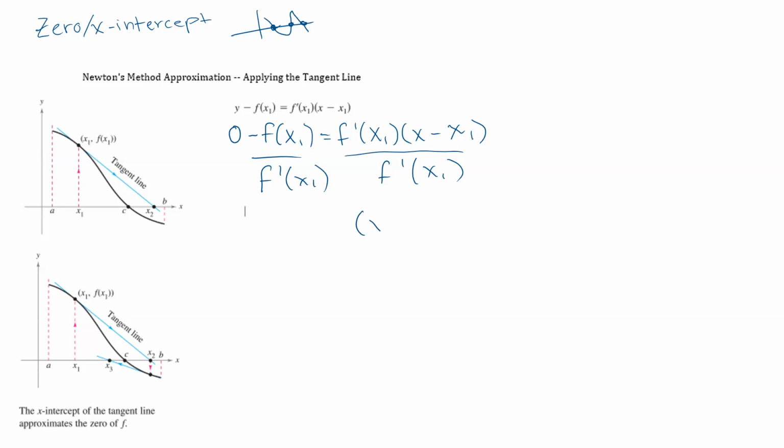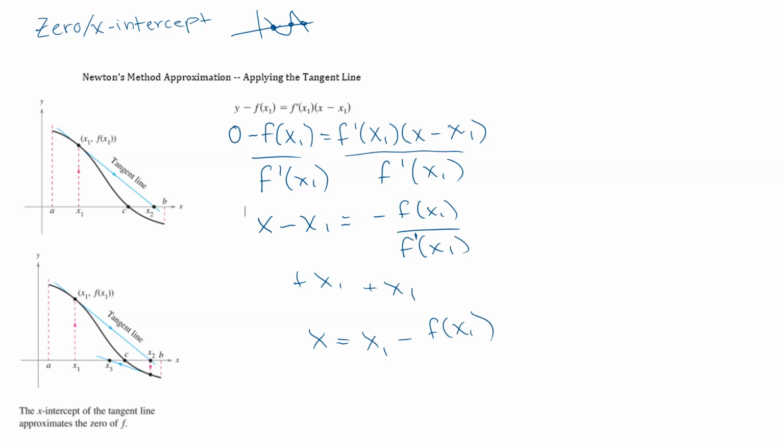So then I've got x minus x1 equals negative f of x1 over f prime of x1, and then I add the x1 to both sides. All right, so this is the equation we're going to be using.